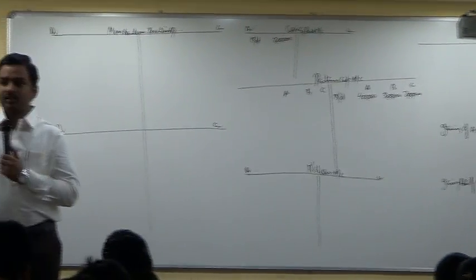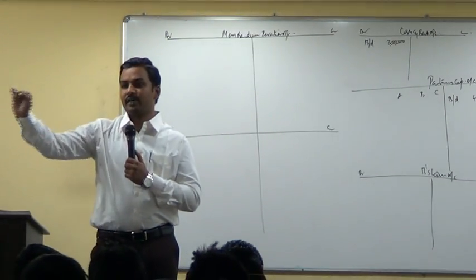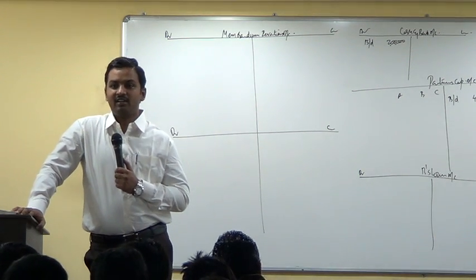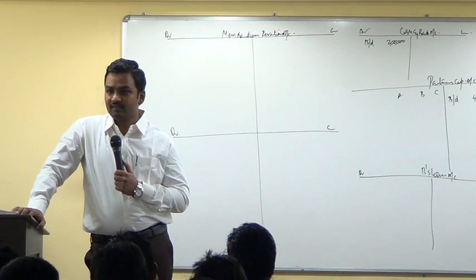B capital account credit. Again, use the formula. 3 lakh into my sacrifice 1 by 3, 1 lakh. Entry should tally. Is it tally? Yes, sir.